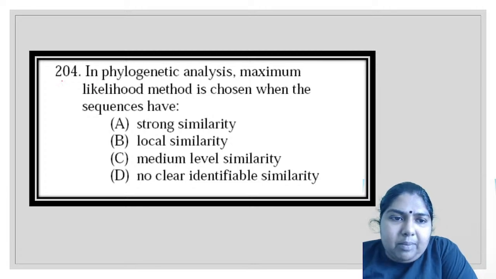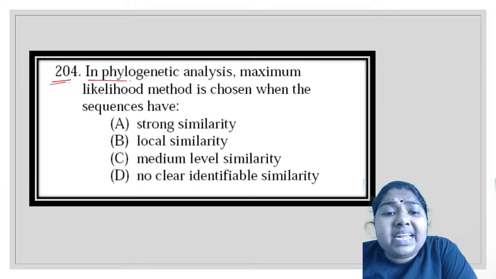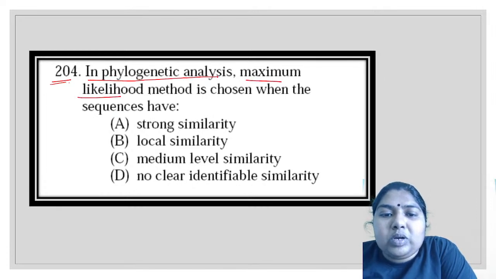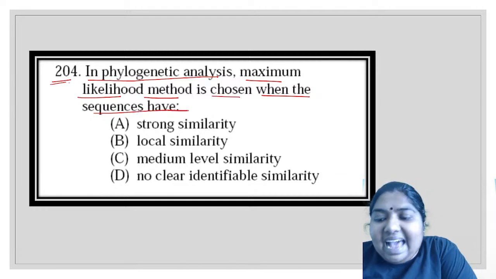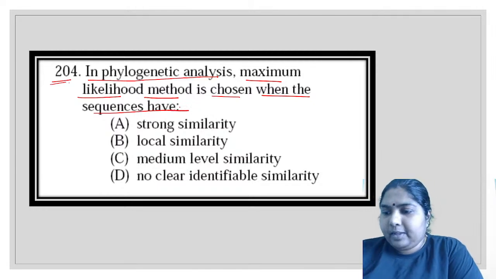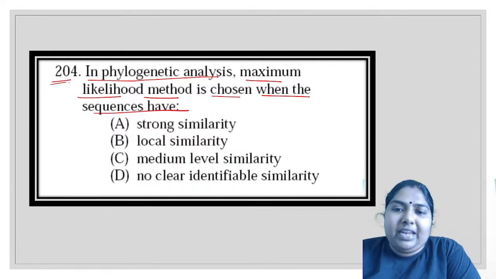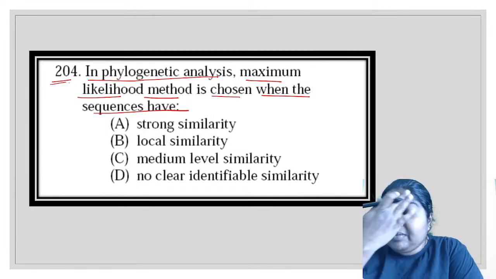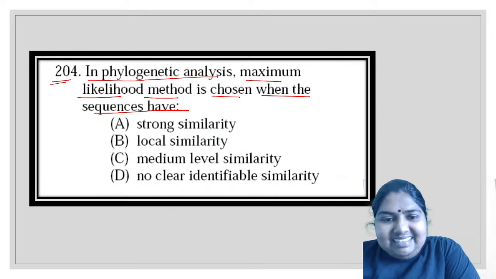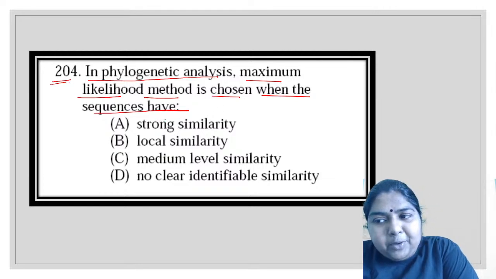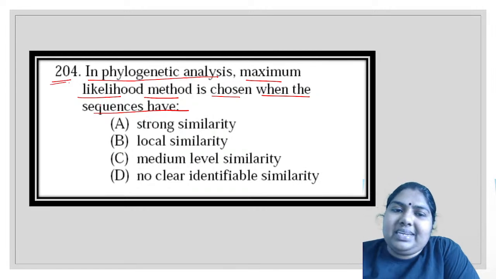Right. Now coming to the next question. In phylogenetic analysis, the maximum likelihood method is chosen when the sequences have which of the following? I am not talking about parsimony, I am talking about likelihood. The name itself suggests.